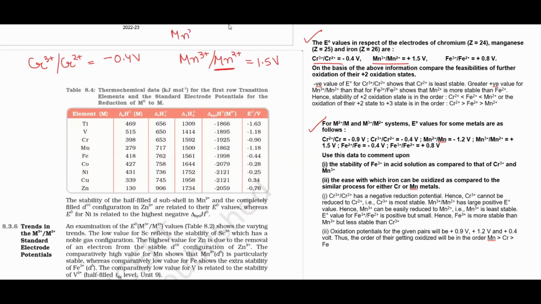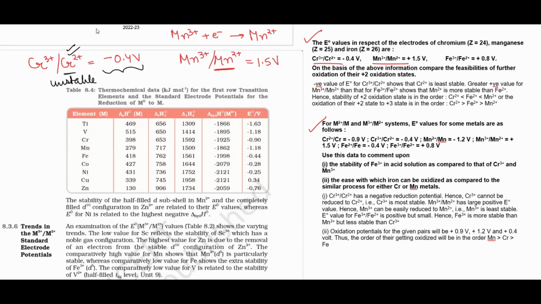That means Mn3+ will happily undergo reduction to form Mn2+, which is going to be a stable oxidation state. This potential here is negative, which means chromium 2+ is unstable and it is not easy to convert chromium 3+ to 2+. This will not happen easily. So a negative reduction potential means this product ion is less stable.